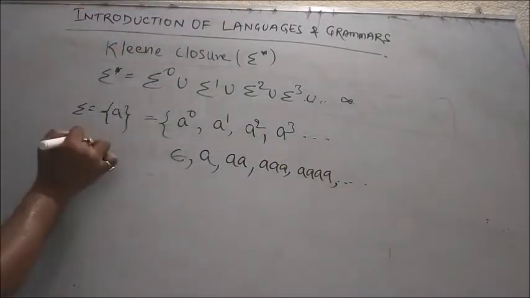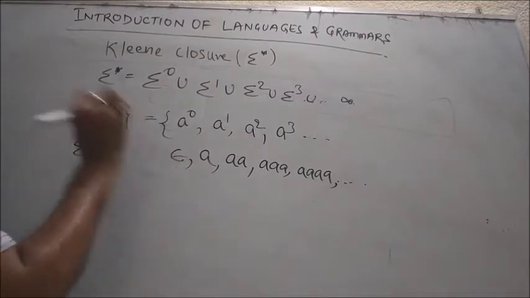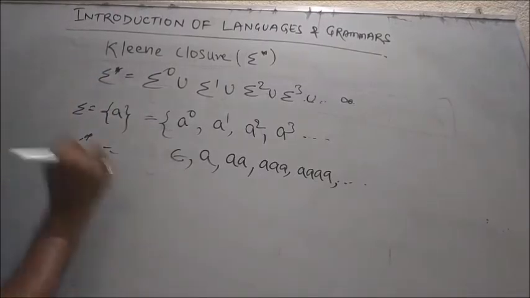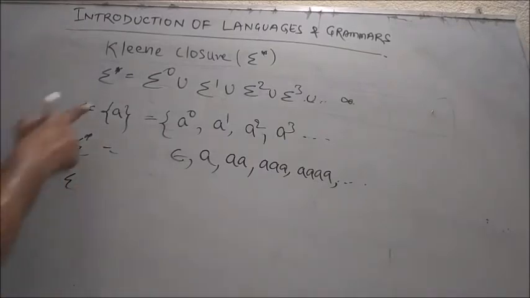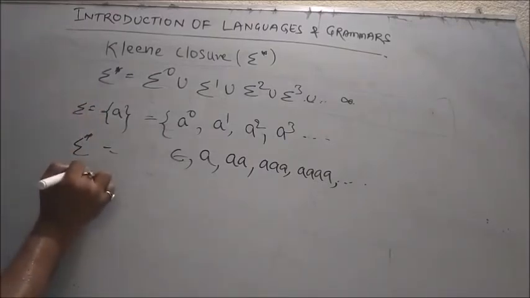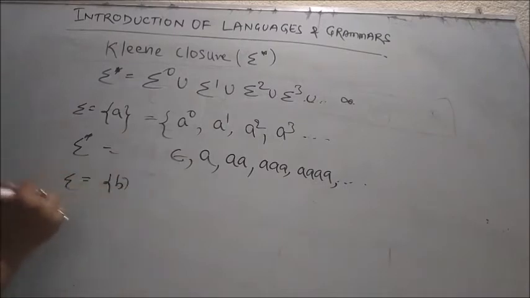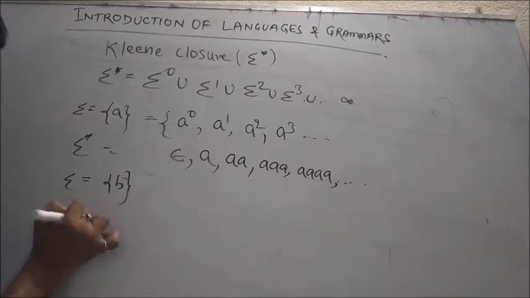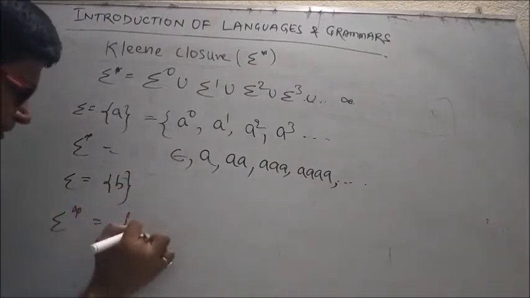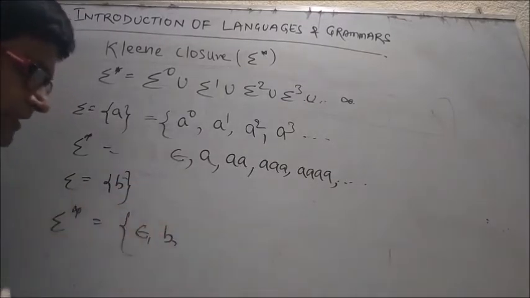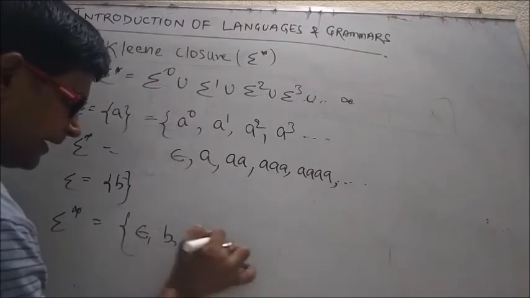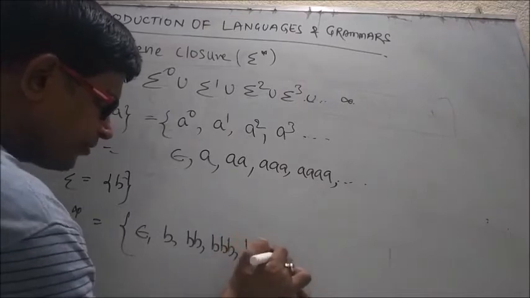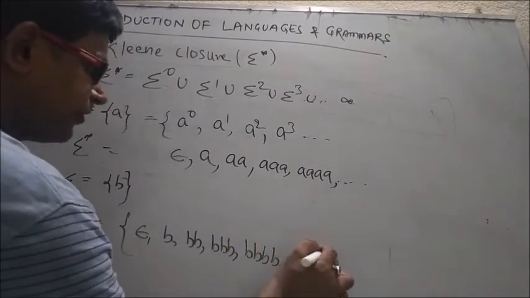So what is sigma star? Let's suppose sigma is equal to B. If sigma is equal to B, then sigma star of B will be epsilon, first one instance of B, 2 instances of B, 3 instances of B, 4 instances of B, and it will go on and on.